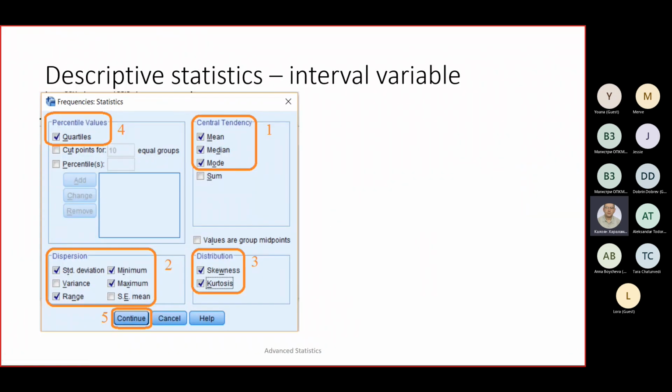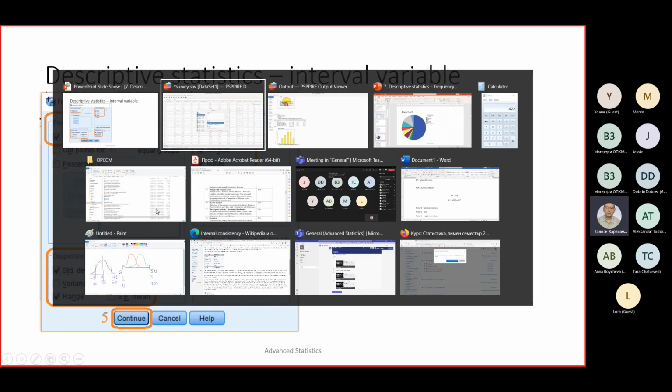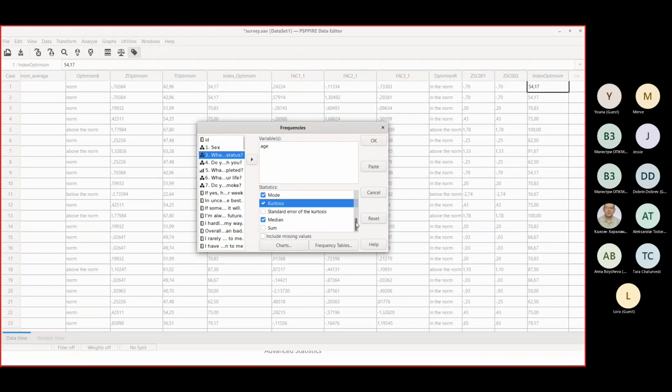And the last group are measures of percentiles or percentile values. And here I will check quartile. I'm not sure that quartile exists. Yes, quartiles do not exist in PSPP, so I will not check them because they are not there. Okay.